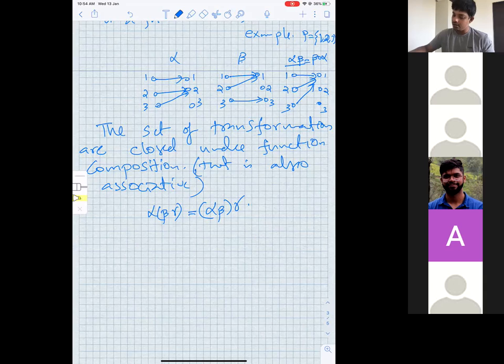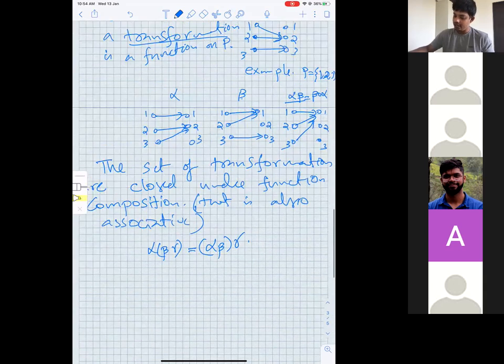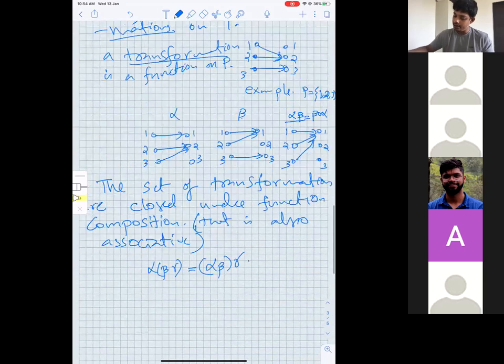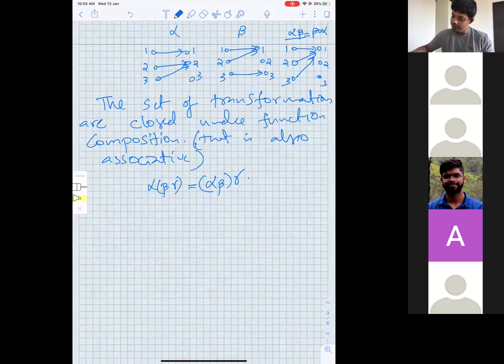From the transformations on a set, you can actually define something called transformation semigroup. I'm not going there. I just want to show that every semigroup, let's write it as a theorem.